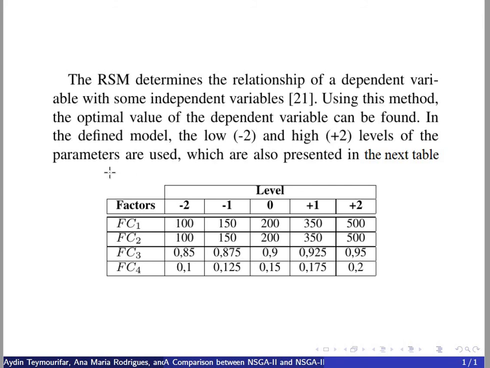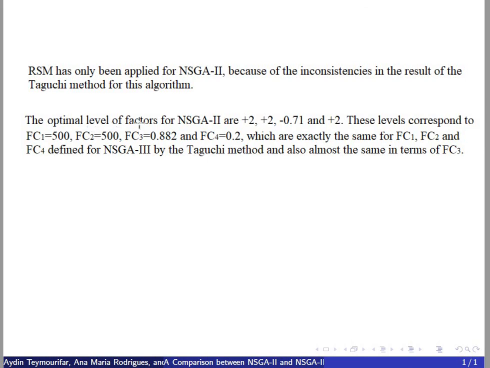So now we have 5 levels for our factors, which are summarized in this table, and we should note again that all of these levels are defined based on our previous experiences. The optimal levels of factors for NSGA-II using the RSM are like this.